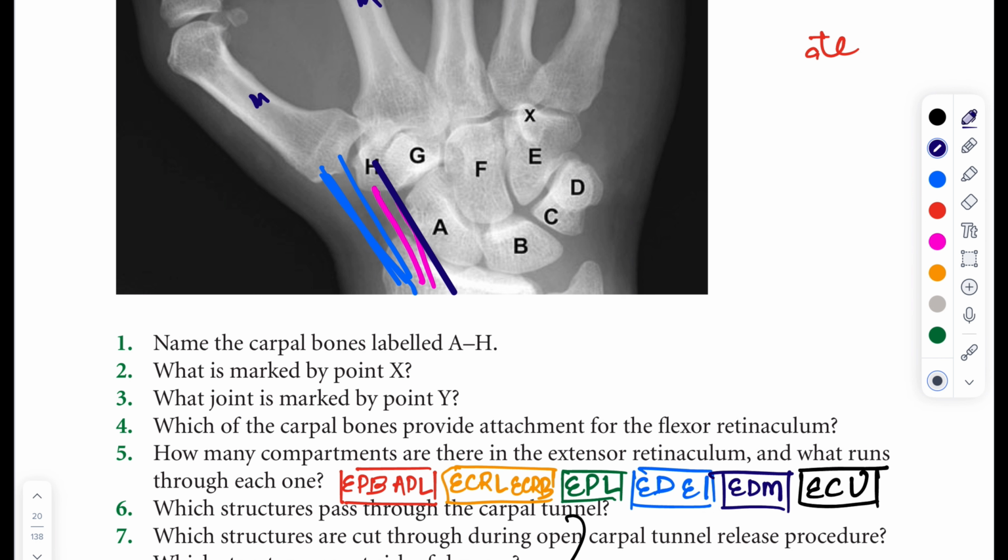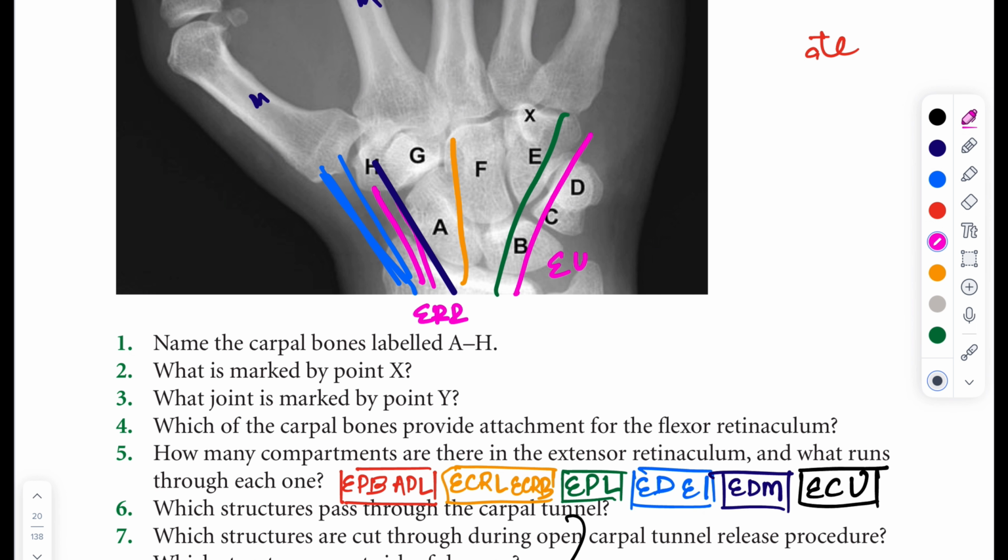So towards the thumb there are 3. Then extensor digitorum, for all the digits, then extensor digiti minimi. Then you get extensor carpi ulnaris. So extensor carpi ulnaris, and extensor carpi radialis longus and brevis.